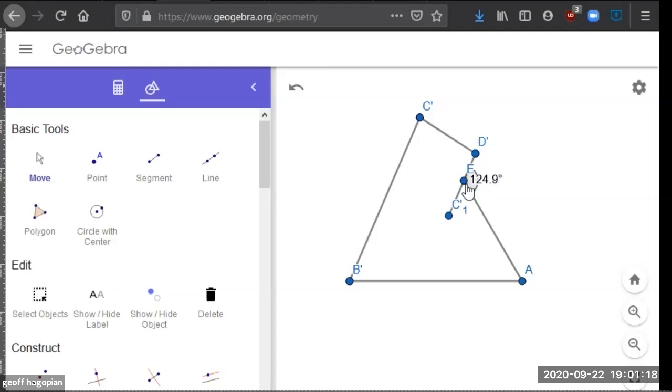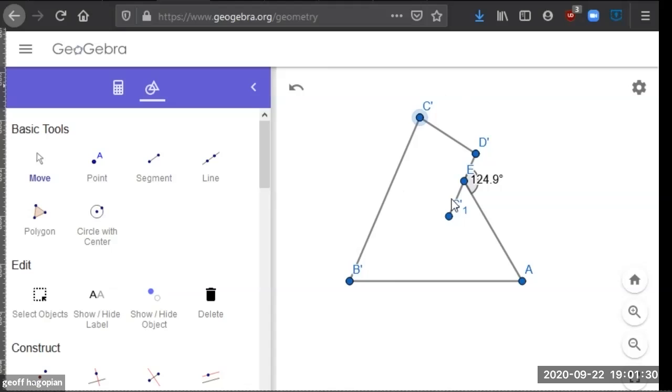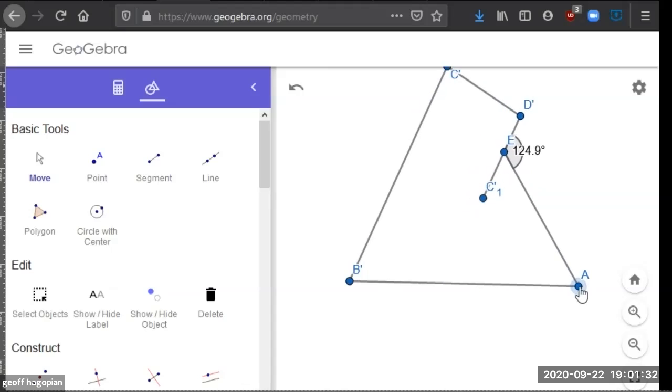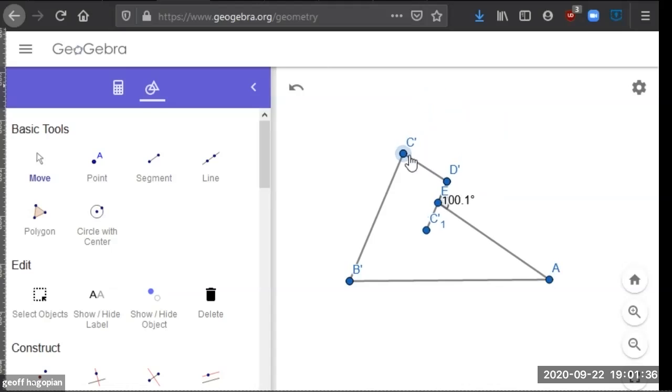And yeah, that doesn't look good, huh? I can get different angles depending on where that is. But it doesn't look like I'm going to get, and that's just scaling the whole thing, right?